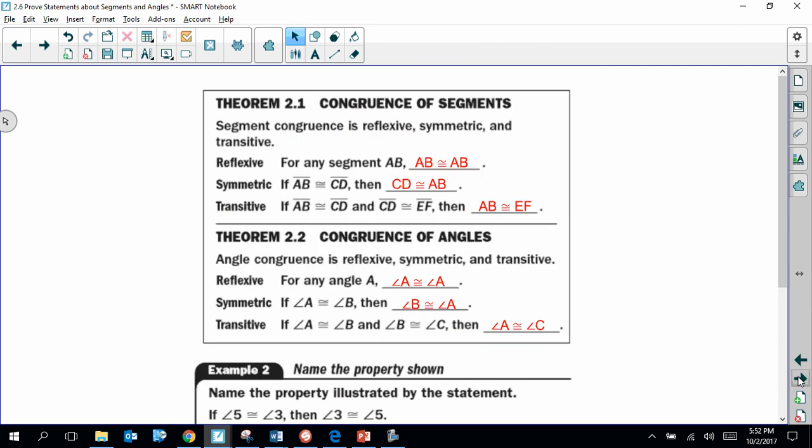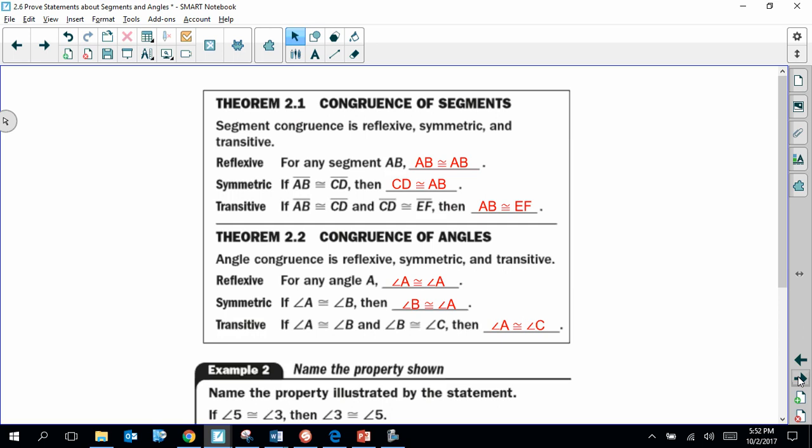So in a previous section of notes that we would have taken in class, we talked about the properties of equality, and we saw a property of equality used in the last example. We used the subtraction property of equality and the substitution property of equality.